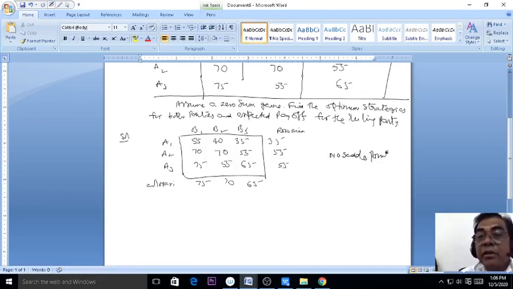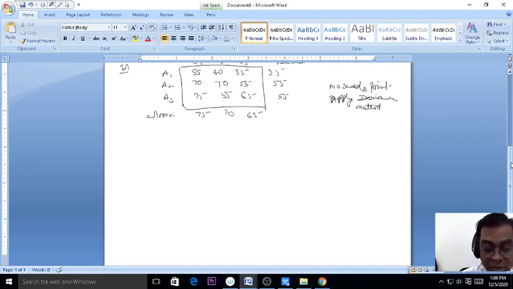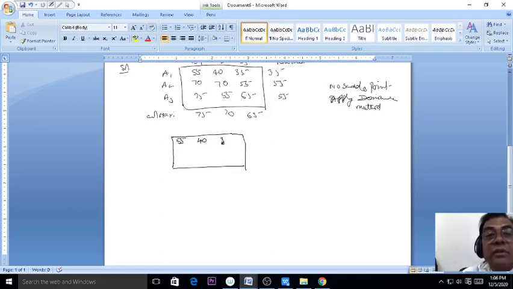No saddle point, so go to the dominance method. Apply the dominance method. Dominance method means the row and column operations. So first you write like this. 55, 40, 35, 70, 70, 55, 75, 55, 65.